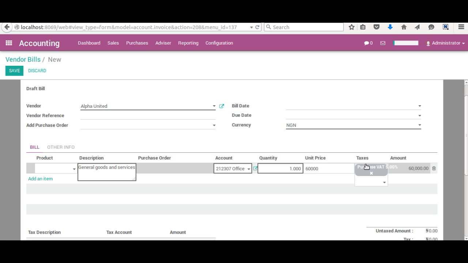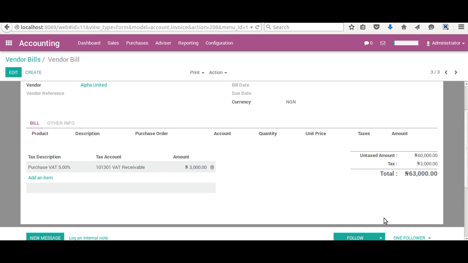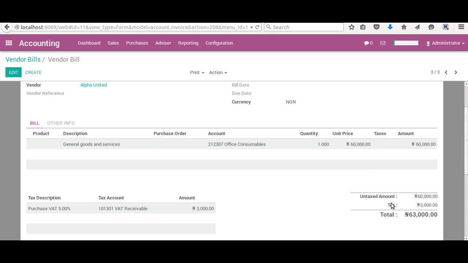Okay, that's not withholding tax. That is VAT, tax on consumption. Always remember that. So I'm going to save this, and you can see that OdooSME has added the VAT line of 3,000. 5% of 60,000 is 3,000, so 63,000. So far, what the system has shown us is that if I'm going to pay this vendor tomorrow, I will be paying for the service of 60,000.